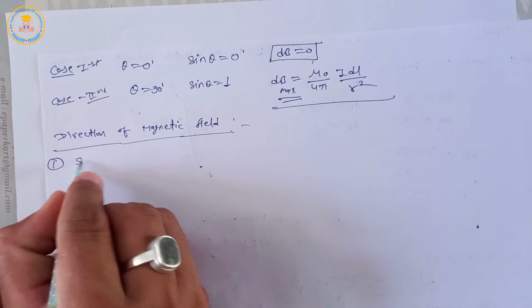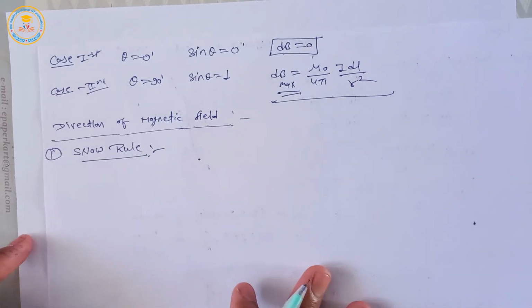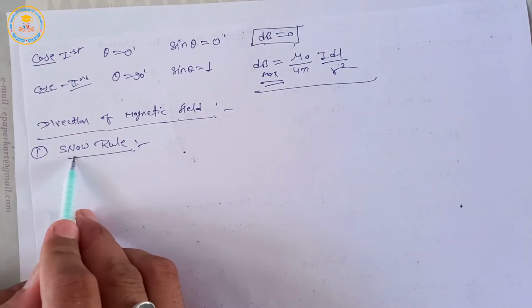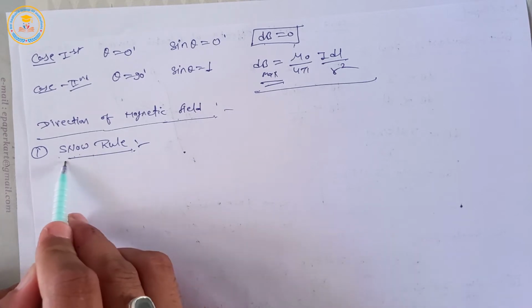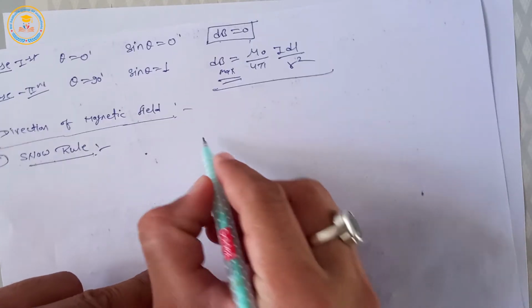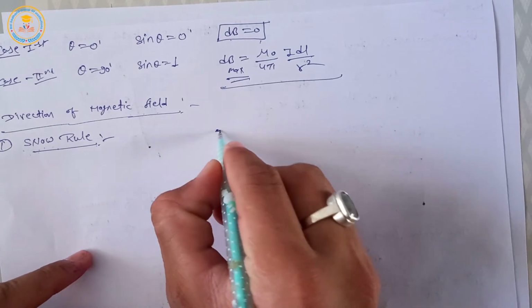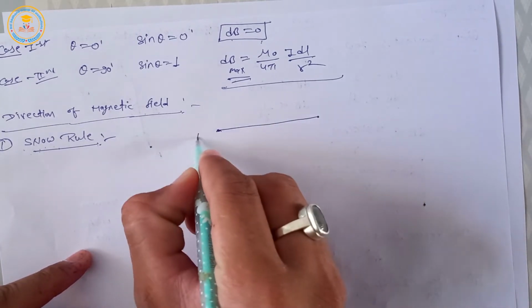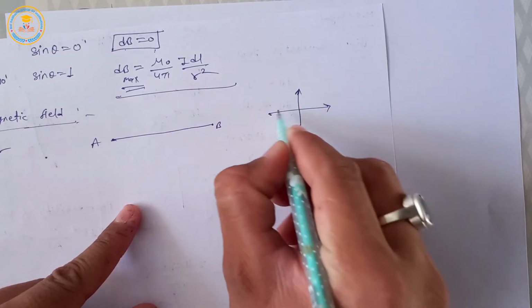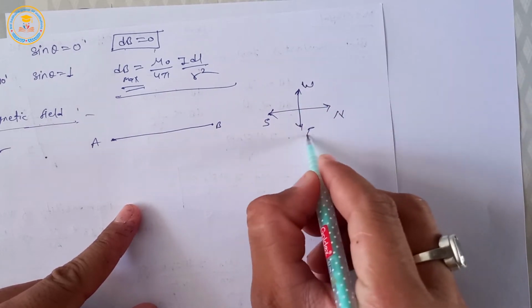First is the SNOW rule. What is the SNOW rule? It means south to north over west. Suppose we have a current carrying wire AB, and we draw a compass with south, north, west, east.